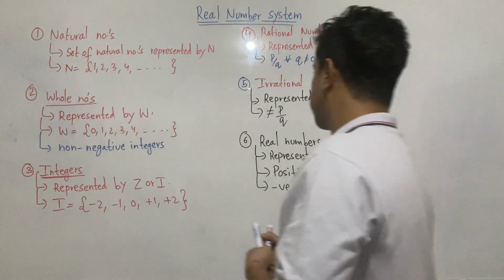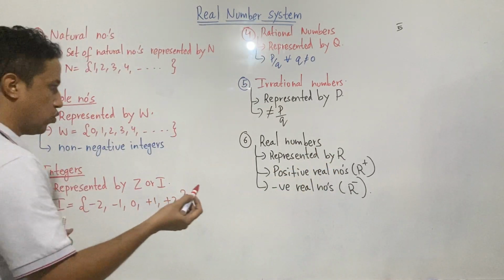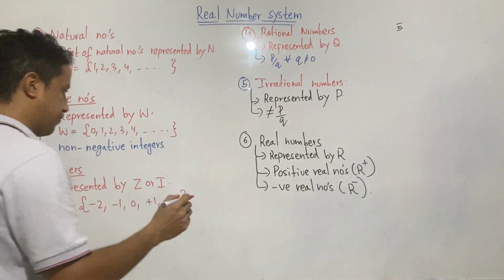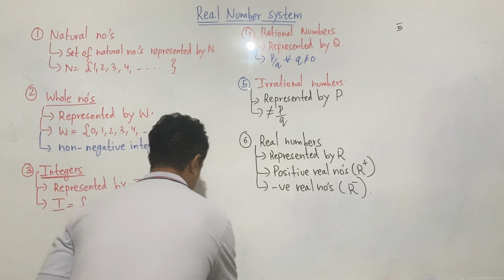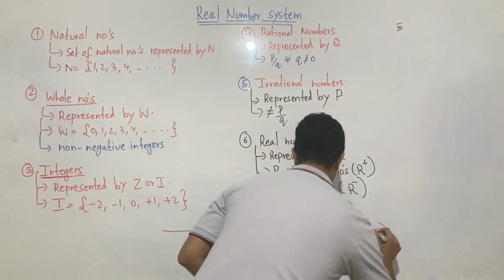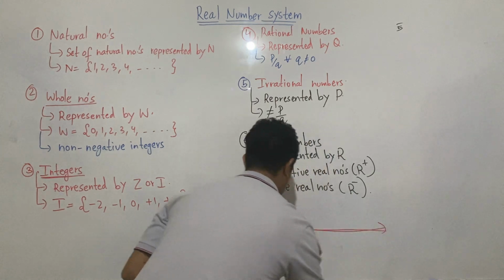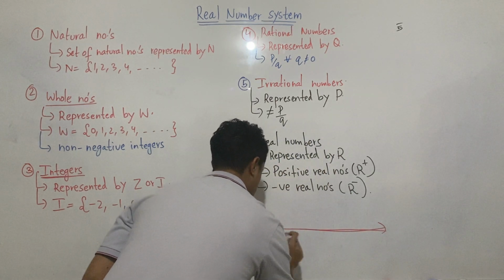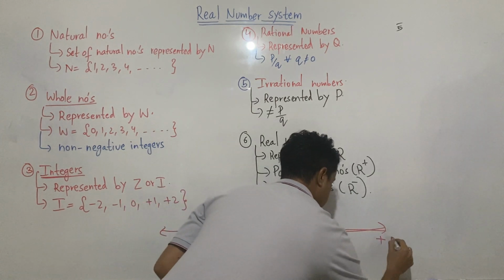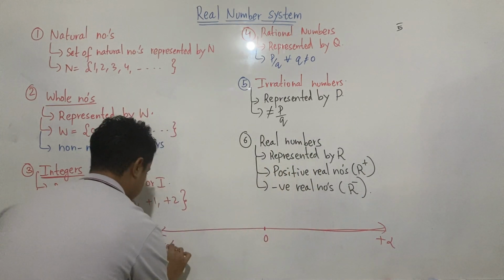If you look at the number line, this is 0, and here this is plus infinity, this is minus infinity.